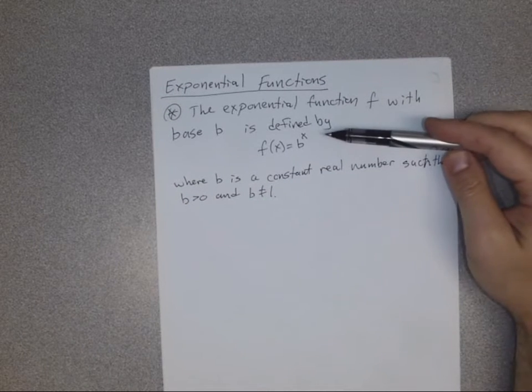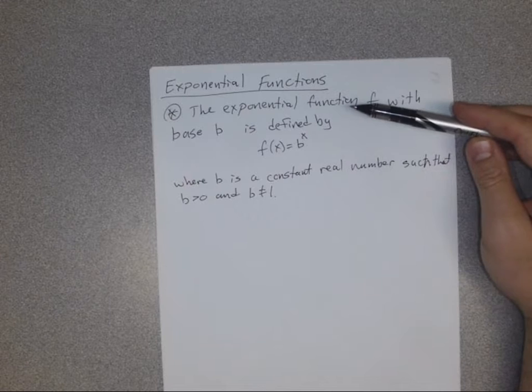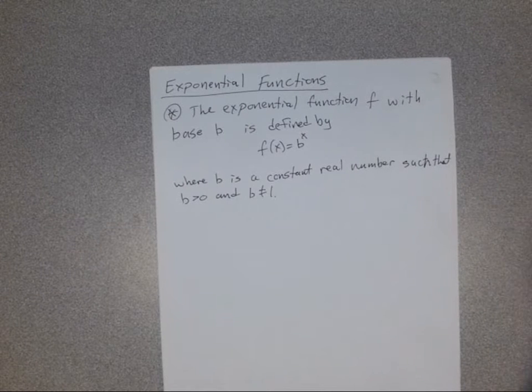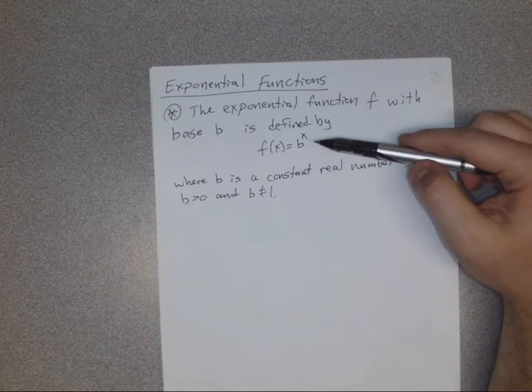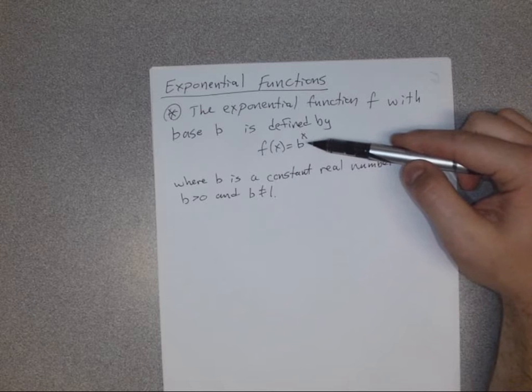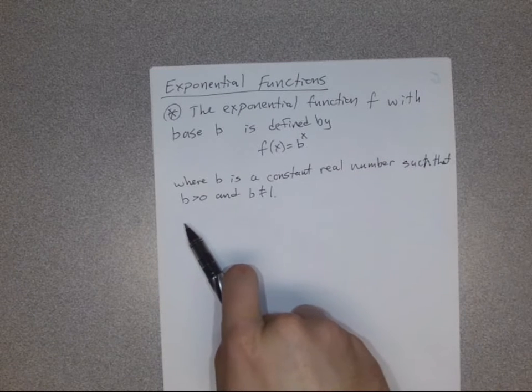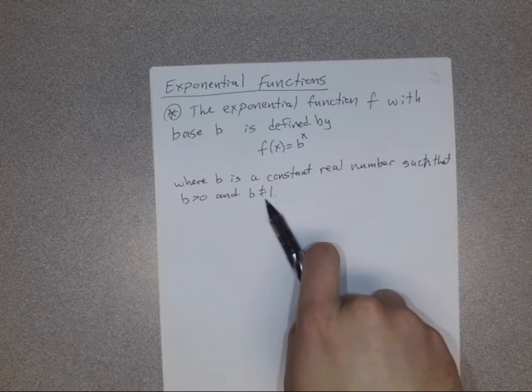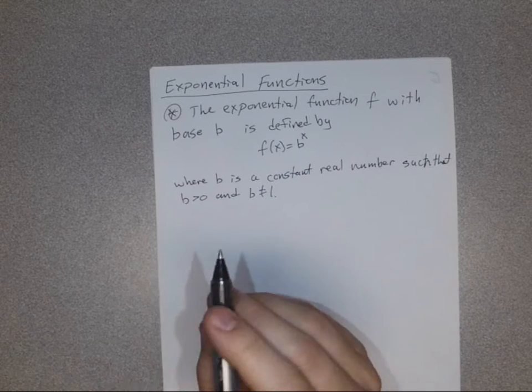So let's look at some examples of what this looks like. All this definition is saying is that if we have something of this form, our b has to be greater than 0 and it cannot be 1 to be an exponential function.